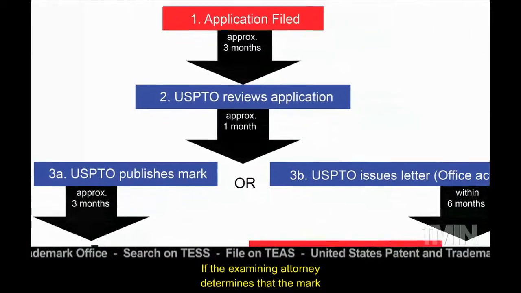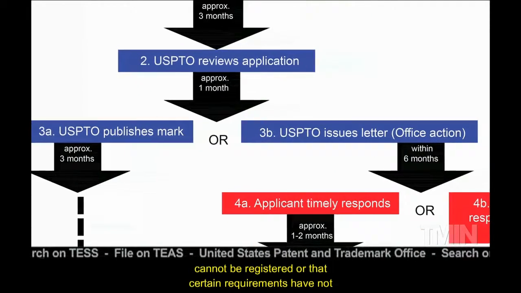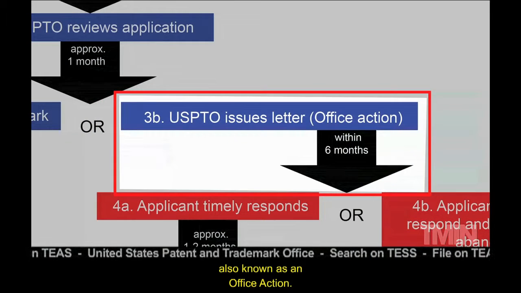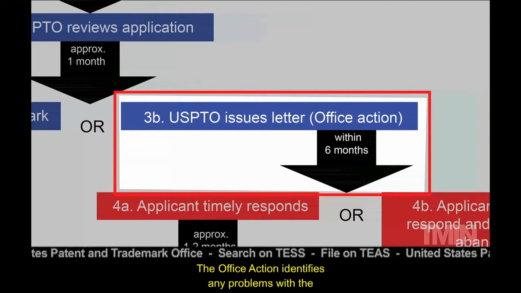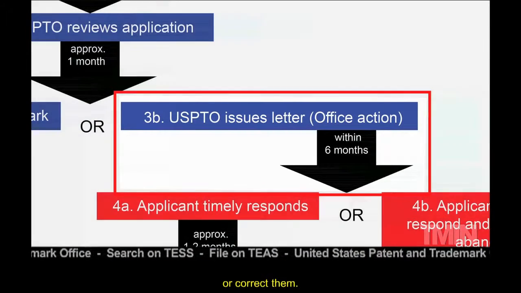If the examining attorney determines that the mark cannot be registered or that certain requirements have not been met, the attorney will issue a letter, also known as an office action. The office action identifies any problems with the application and gives you an opportunity to address or correct them.